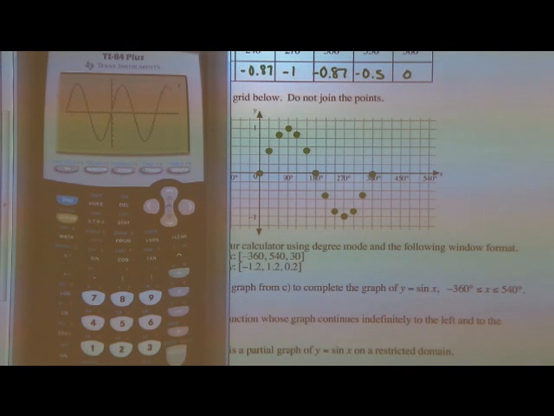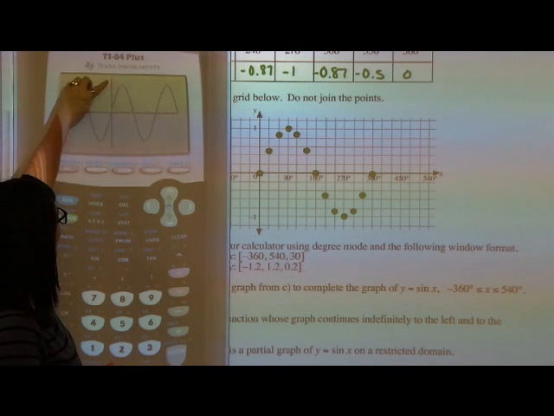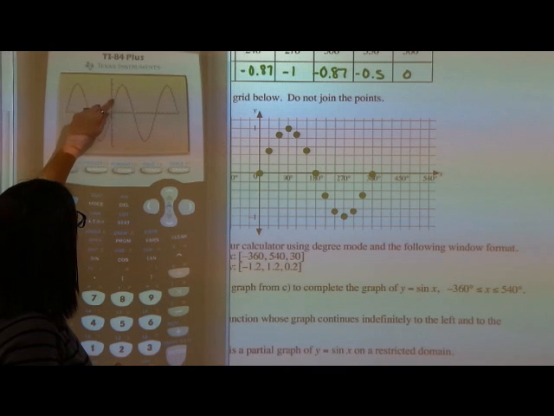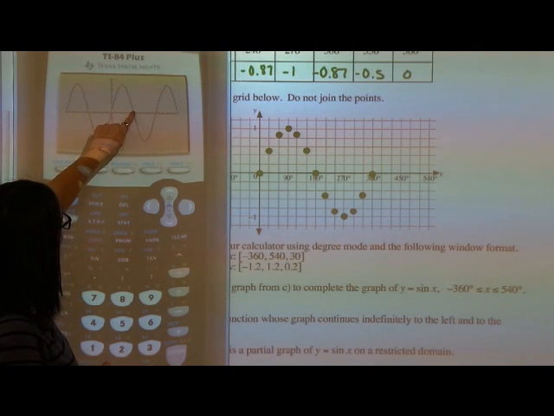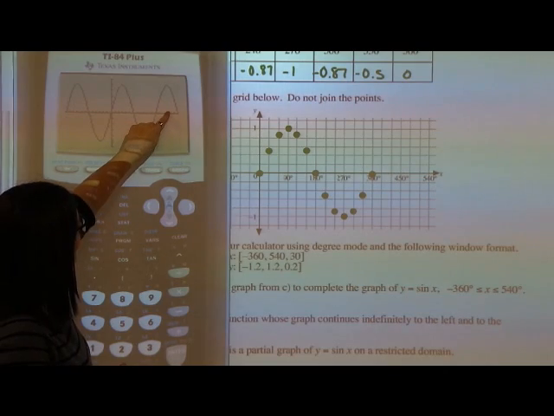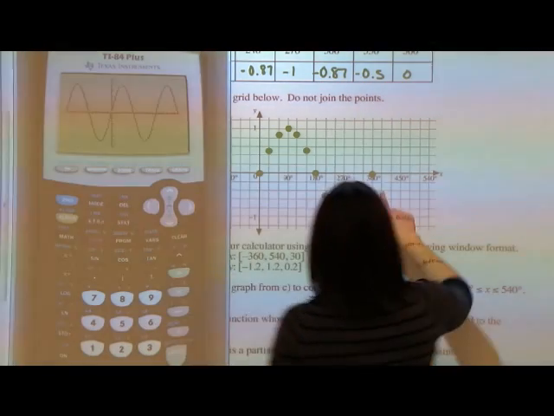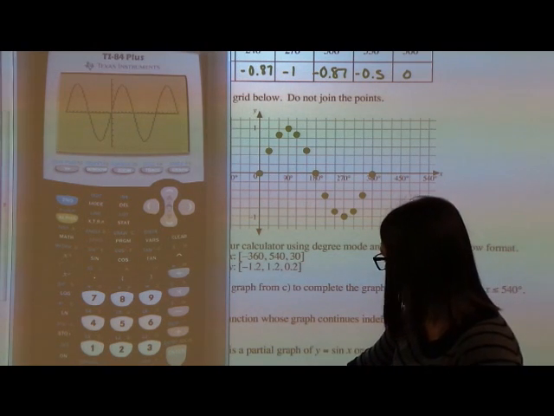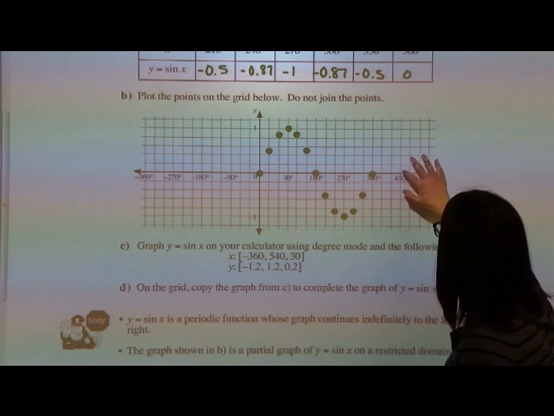And I get this wavy line. So what I want to do is transfer this wavy line to the graph. What I notice is I have these top points, and these top points happen at 90 degrees. And then I know that these are 30s. I know that this is 360. 1, 2, 3 units from 360 brings me to 450. So I know that I have a top end point here at 450.